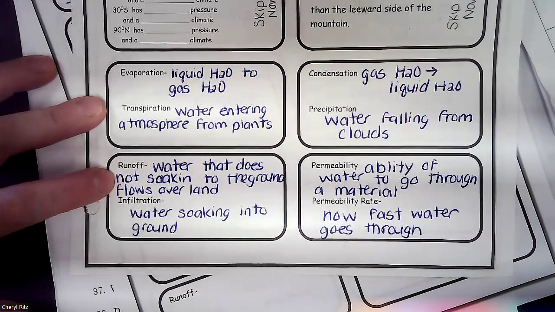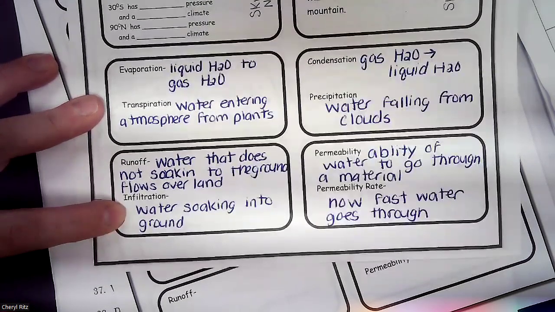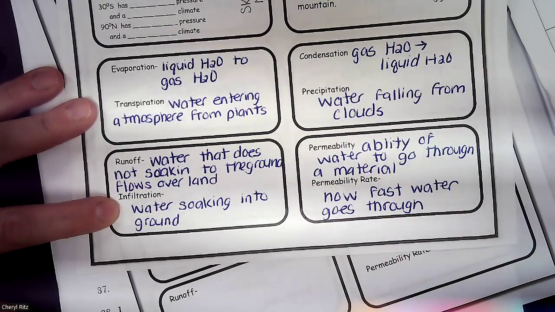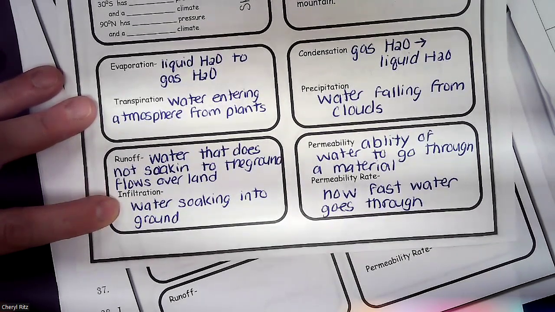Runoff is water that does not soak into the ground. It flows over the land. And infiltration is water soaking into the ground. Permeability, the ability of water to flow through a material, and permeability rate, how fast that water goes through.